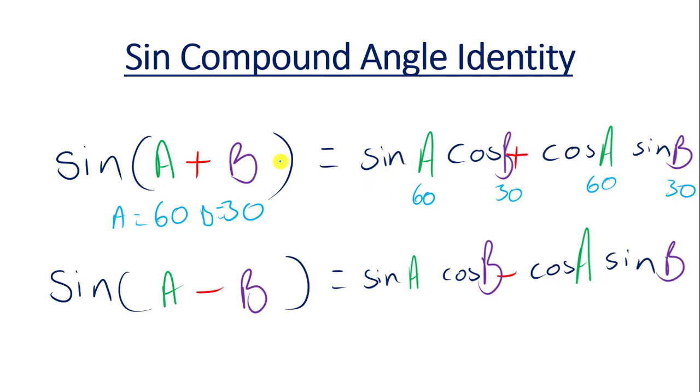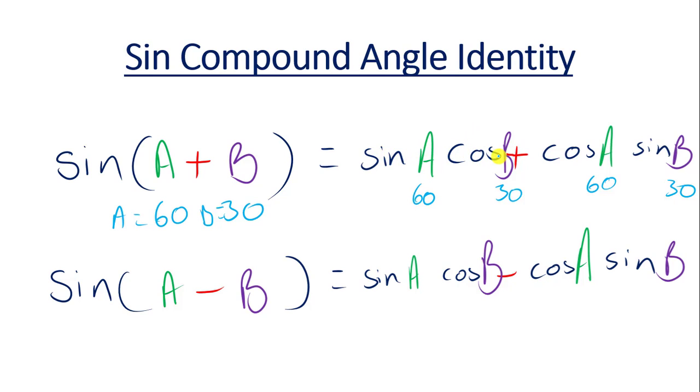If you have sine of an angle and you divide it up into two angles, then the first angle will always be the first number in each of these pairs. So there's a sine cos pair and then there's a cos sine pair. The a b order stays the same: a b, a b. That remains the same. What does change is that it goes from sine cos to cos sine.